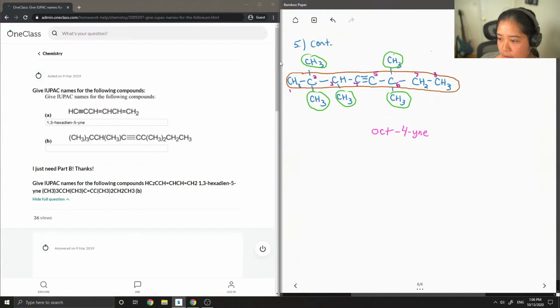So next, I'm going to write down all of the carbons that have our methyl groups on it, but I'm also going to specify which ones have 2. And in order to do that, you have to basically write the carbon number twice. So since carbon 2 has 2 methyls, I'm going to do 2, 2, 3, and then 6, 6.